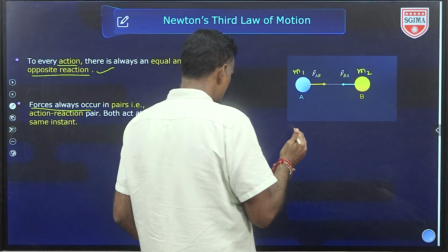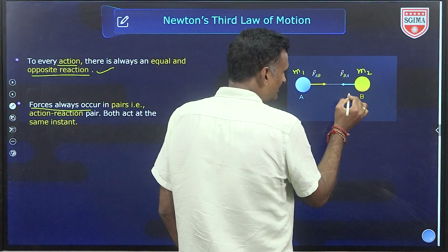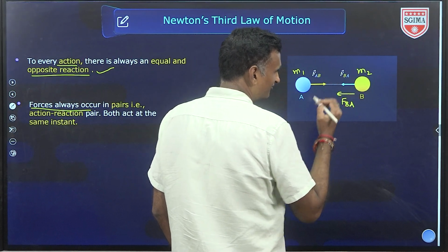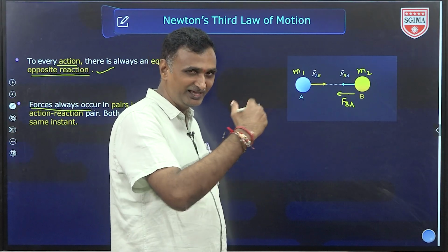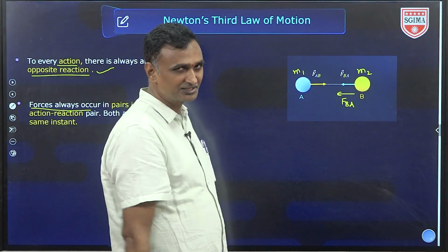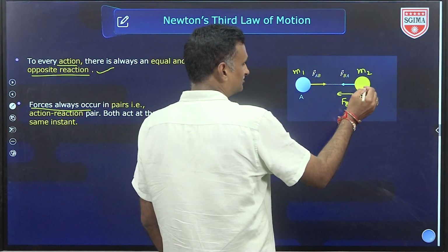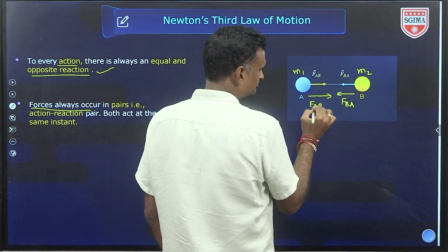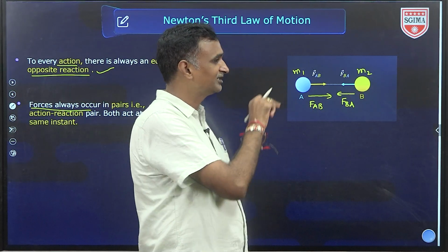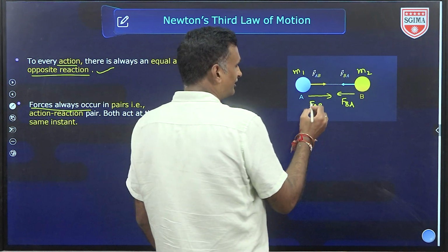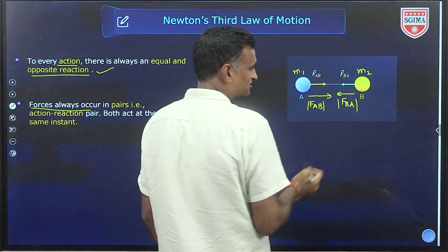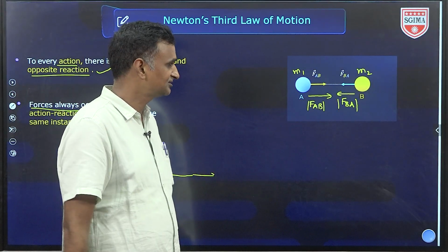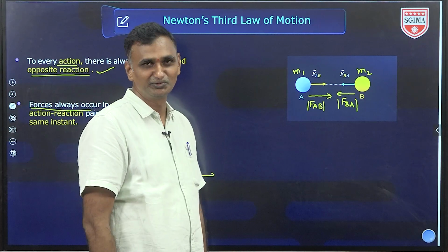So, when A exerts some force on B, that is FBA, the force on B by A, and it is in the direction away from A. Next, B exerts a force on A, that is FAB, towards the B side. These magnitudes are equal, and they act in opposite directions but along the same line. That is the major concept of Newton's third law.